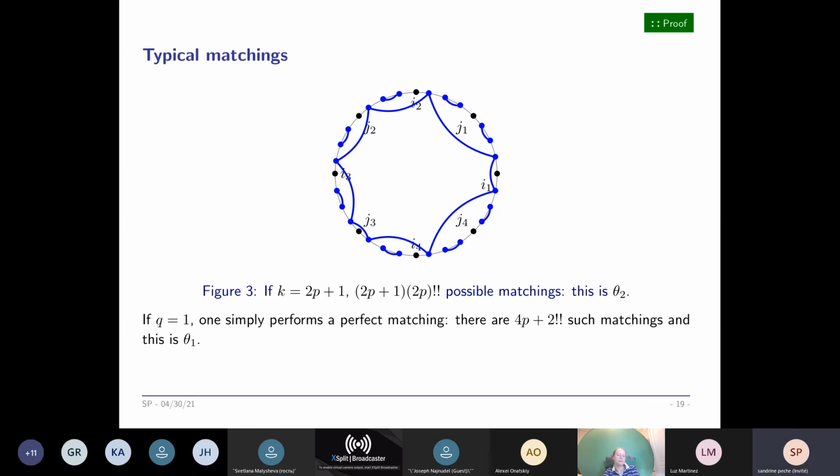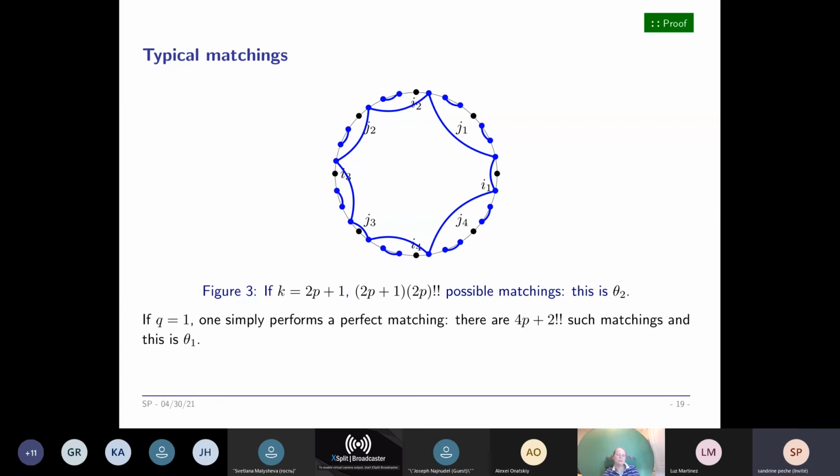This is theta 2. Sorry, I always mix the two parameters. And if q is equal to 1, we just have 4p plus 2 double factorial matchings. And this is theta 1. Okay? So this is where the two parameters come from for an odd monomial in a long cycle.